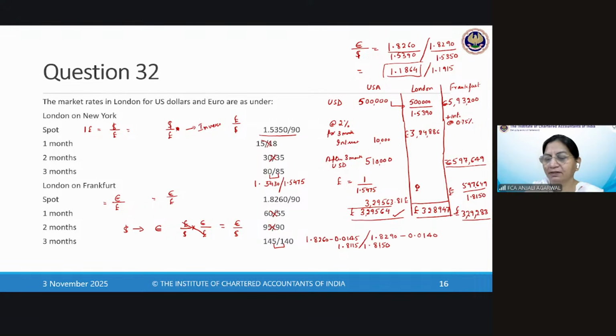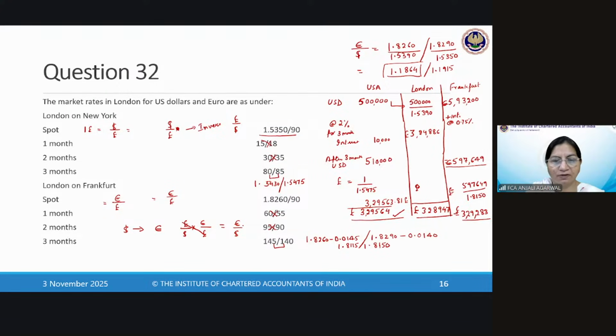Convert them back using the forward rates for euro to dollar and euro to pound. Euro to pound are given directly. We get forward rates. Swap points are decreasing. So subtract 1.8260 minus 0.0145 and 1.8290 minus 0.0140.